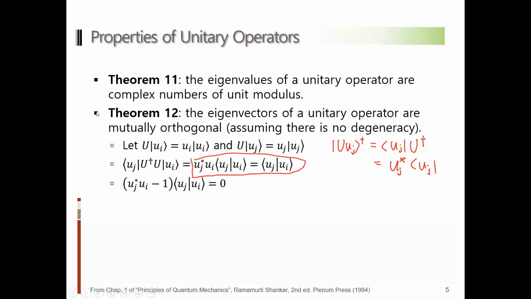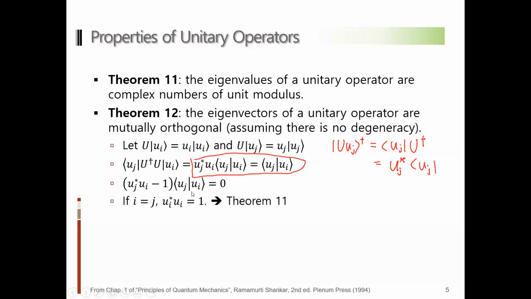Now, how can we prove theorems 11 and 12? Well, that's very simple. To prove theorem 11, all we have to do is assume that i and j are the same, which means that this inner product of two vectors is the inner product of the same vector. And we know that this is an eigenvector. So this is proportional to the magnitude of the vector.